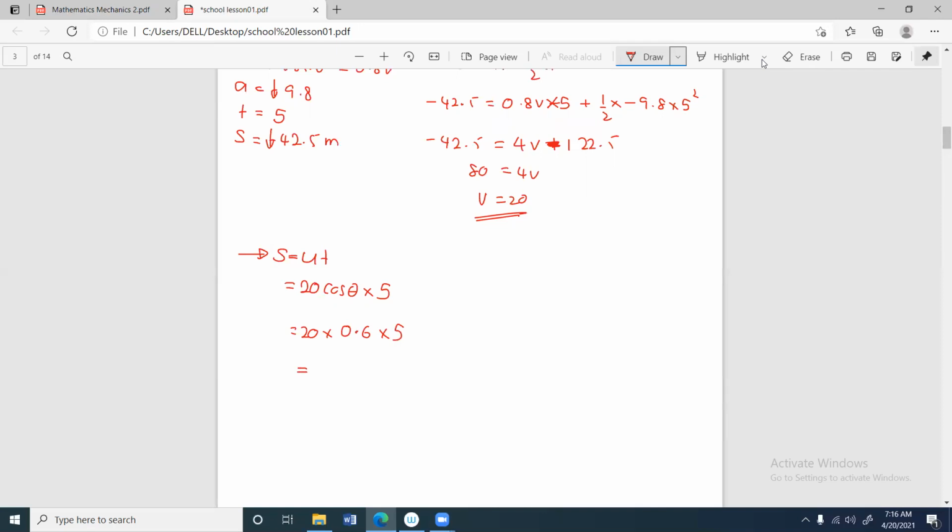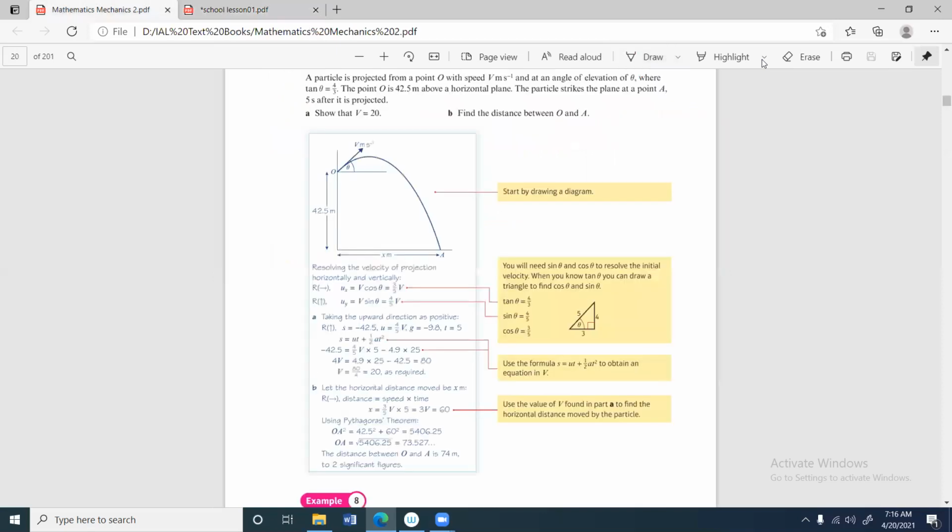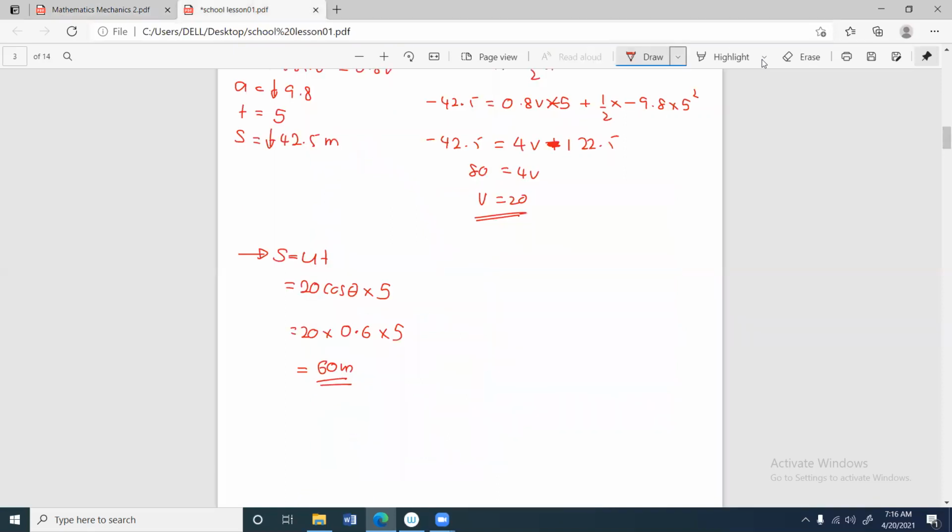So we work it out and see. It's 60 meters. 60 meters, but in this question they are asking for the distance from O to A.